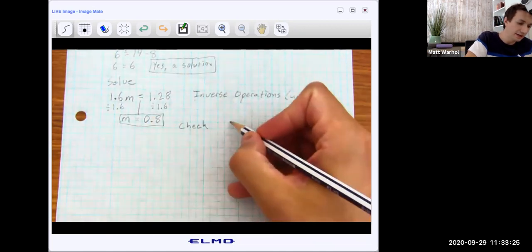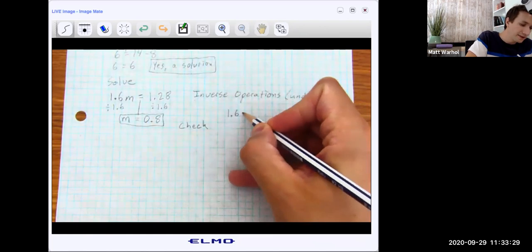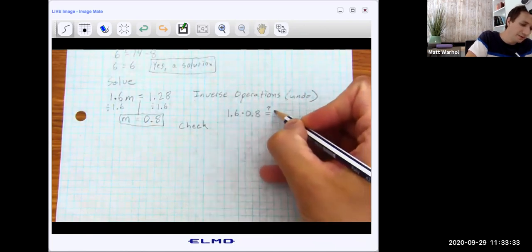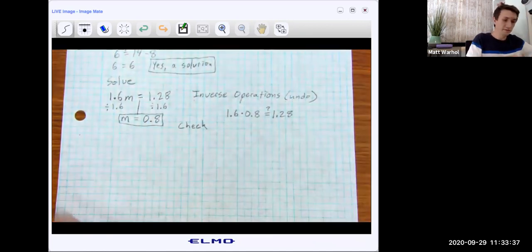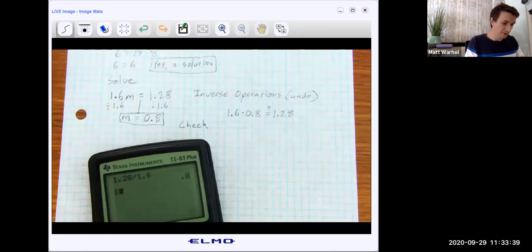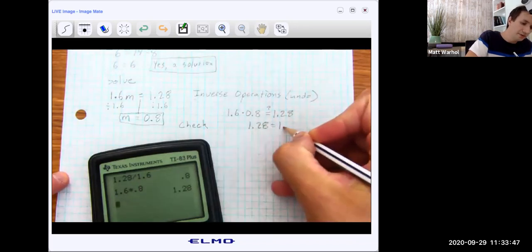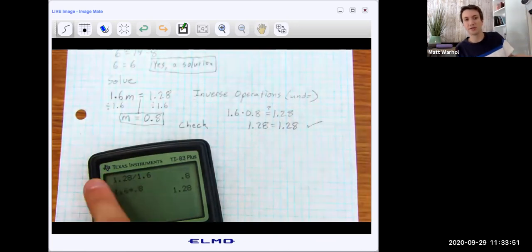So I show my work like this. 1.6 times 0.8, does it equal 1.28? And now I'll use my calculator. 1.6 times 0.8 is 1.28. So 1.28 does equal 1.28. And in this case, I can just put a little check mark saying, yep, it worked.